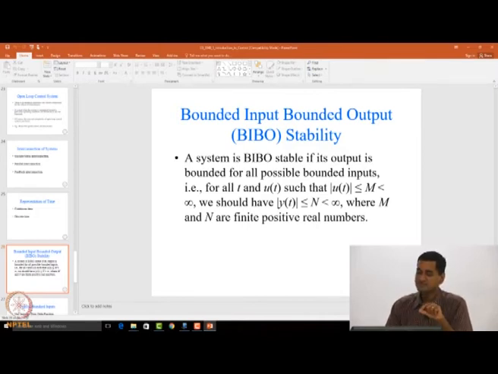A system is BIBO stable if its output is bounded for all possible bounded inputs. The keyword there is all. That is for all time t and u of t such that the magnitude of u of t is less than or equal to a finite positive number M, we should have the magnitude of y of t less than or equal to a finite positive number N. So that is the definition of BIBO stability.